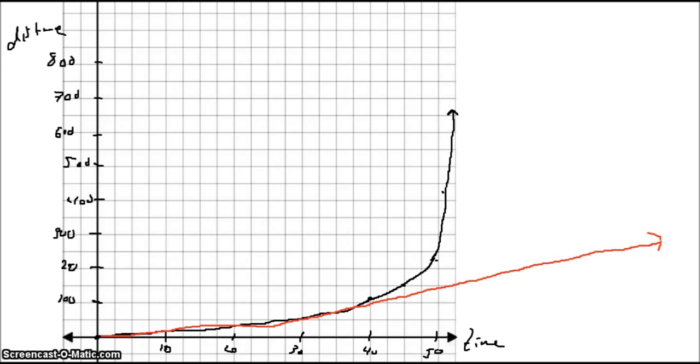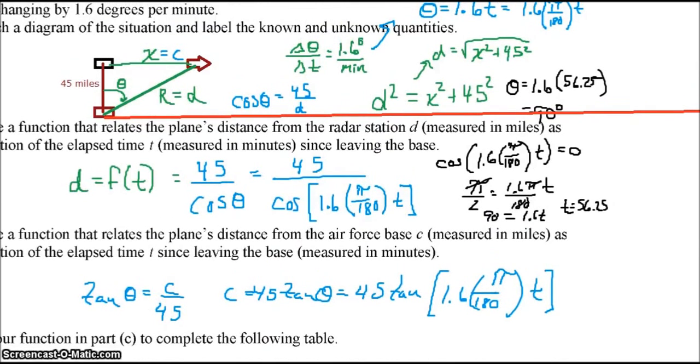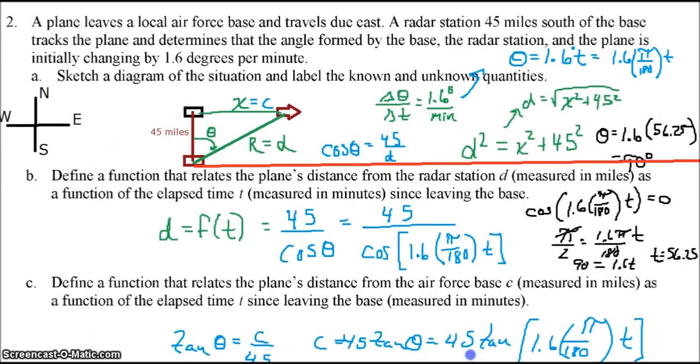So it's probably not accurate for some intervals of time to say that this function that we created really relates the distance between those, because we said that the angle theta is changing at 1.6 degrees per minute, but that's just initially how it's changing. So when we get pretty far away from the airport, then that's probably not going to hold.